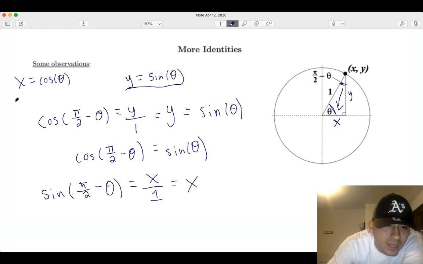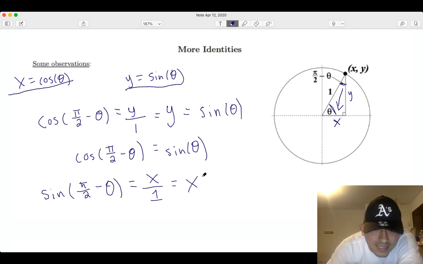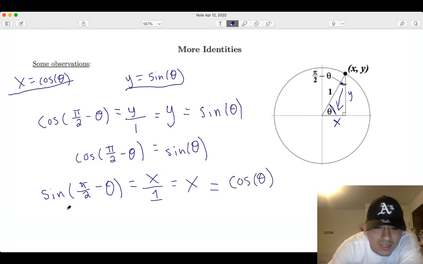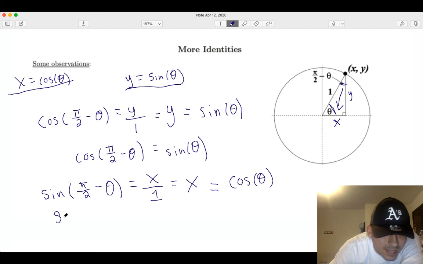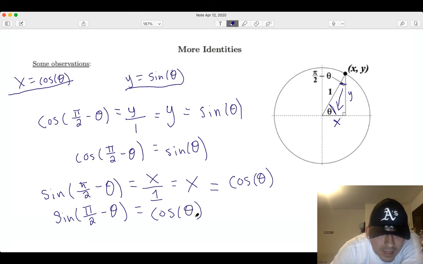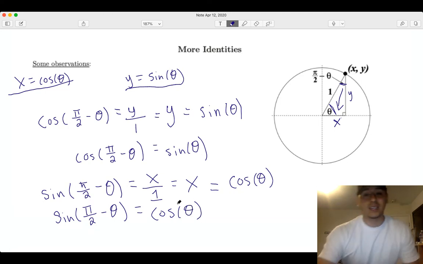But I already have an expression relating x to something else: x is equal to cosine of theta. So this is also equal to cosine of theta. So sine of pi over 2 minus theta is equal to cosine of theta. I get two new identities.